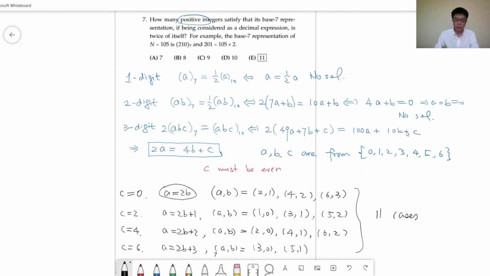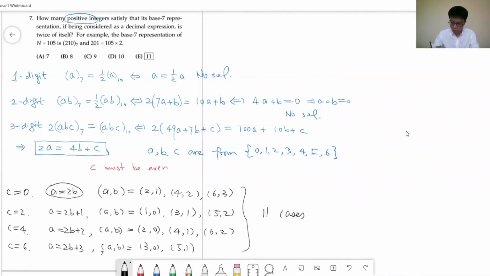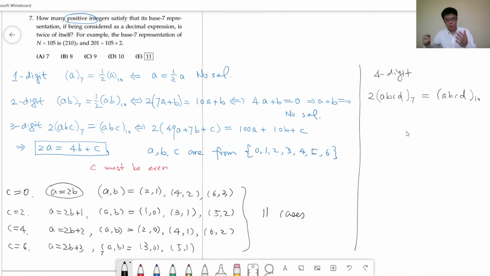Now let's see if we have numbers with more digits. And we will see that that's impossible. So for example, if we consider a 4-digit number, that means A, B, C, D. If it's base 7 times 2, that becomes base 10. Now let's write this out. That means 2 times 343, right? 49 times 7. Yeah, 343.